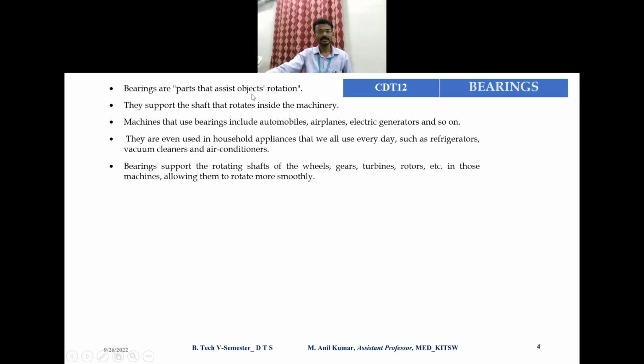So bearings are parts that assist objects' rotation. They support shafts that rotate inside the machinery. Machines that use bearings include automobiles, airplanes, electric generators, and so on.